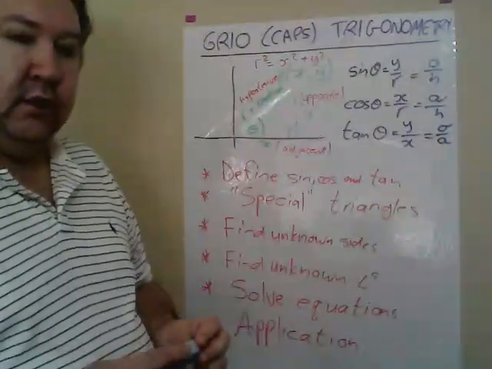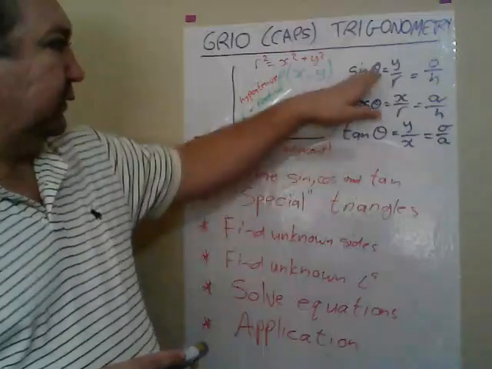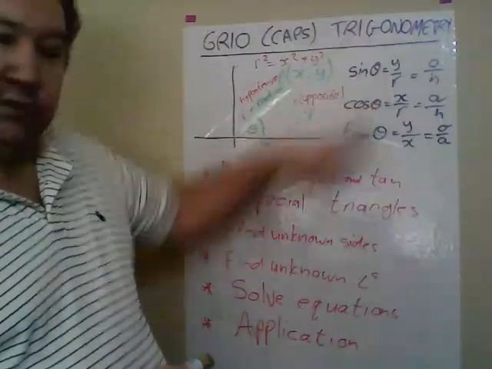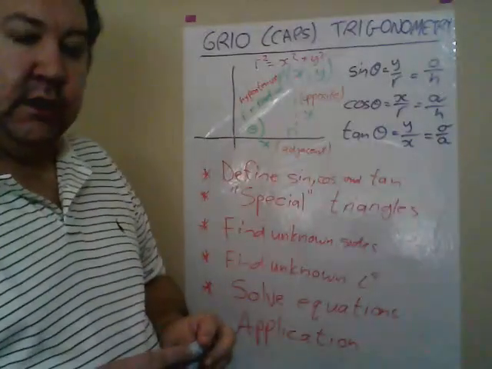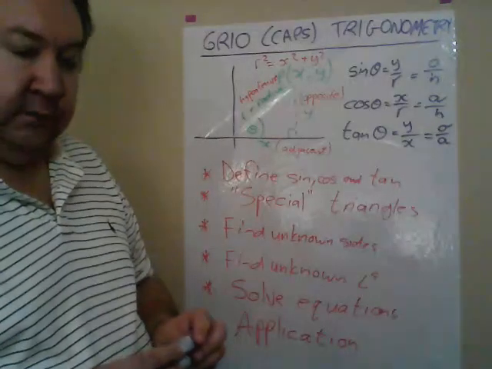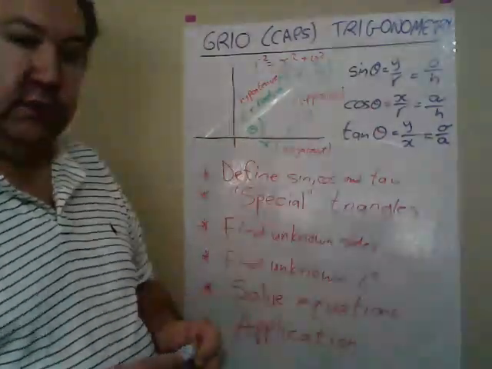Okay, so very important, sin is shortened for sine and cos is for cosine. Now you can hear there's a sine in both of them, and there is a relationship between sin and cos.